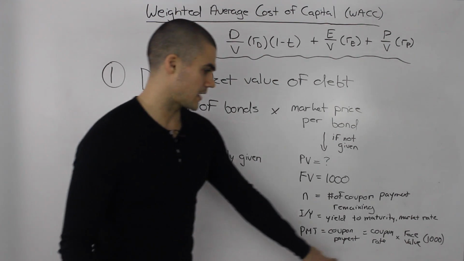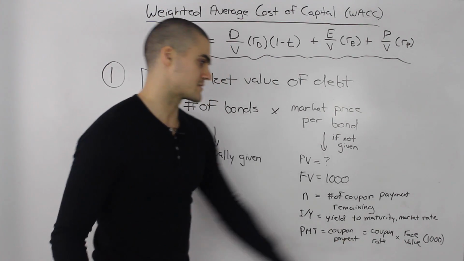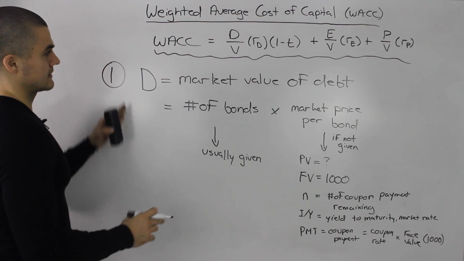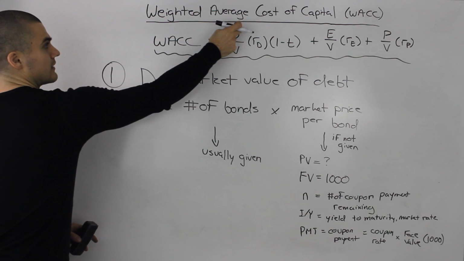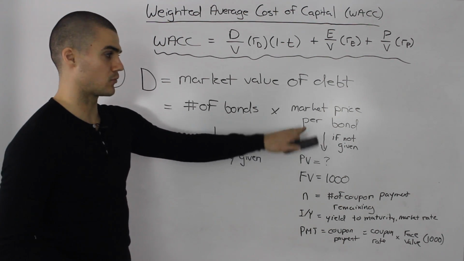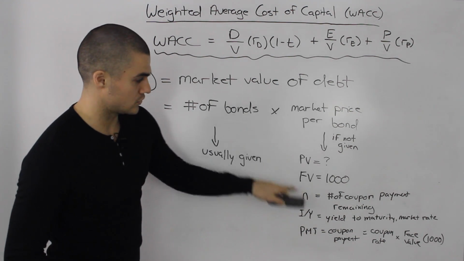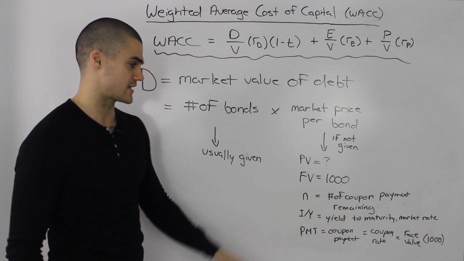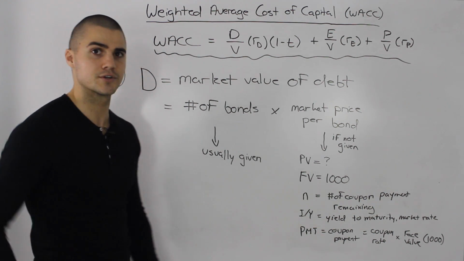So the coupon payment is equal to the coupon rate times the face value. And that's it for calculating this D portion. So sometimes the price per bond will be given. If it's not given, you'll have to calculate the price per each bond, and you'll have to use the characteristics that they give you of the bonds that they issued.